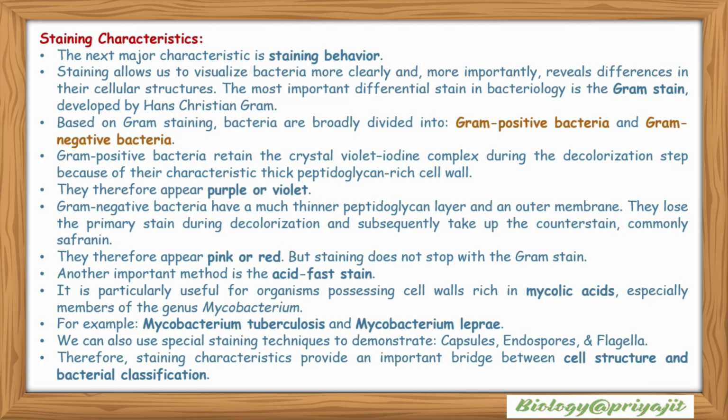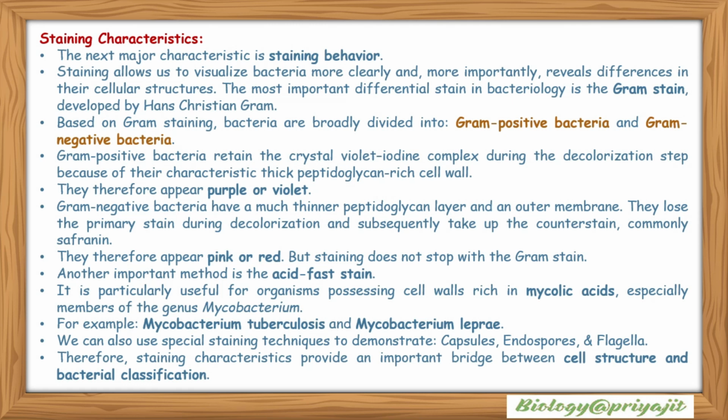Staining characteristics. The next major characteristic is staining behavior. Staining allows us to visualize bacteria more clearly and, more importantly, reveals differences in their cellular structures. The most important differential stain in bacteriology is the Gram stain, which was developed by Hans Christian Gram. Based on this procedure, bacteria are broadly divided into gram-positive bacteria and gram-negative bacteria.